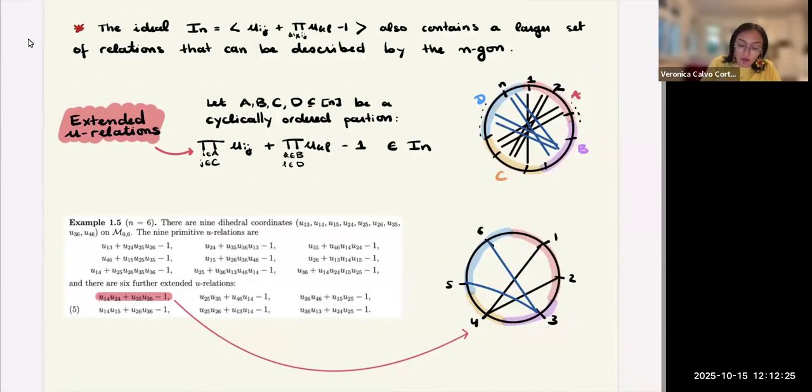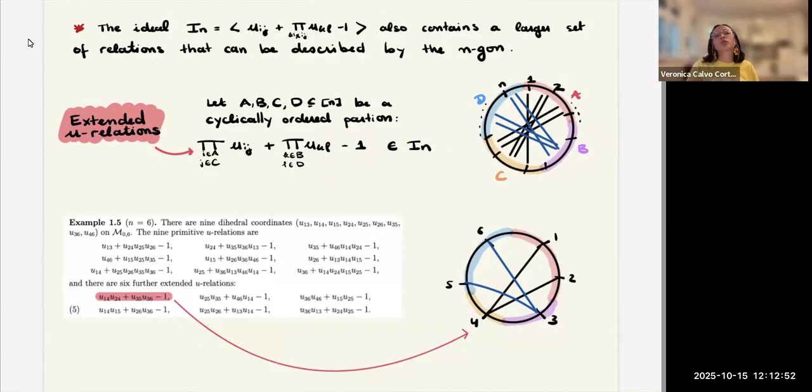And then the U relation that's going to be satisfied is that if I multiply all of the dihedral coordinates corresponding to the chords that go from A to C, so this is this term, and then I add the multiplication of all of the dihedral coordinates corresponding to the chords that go from B to D, this actually has to be equal to 1.